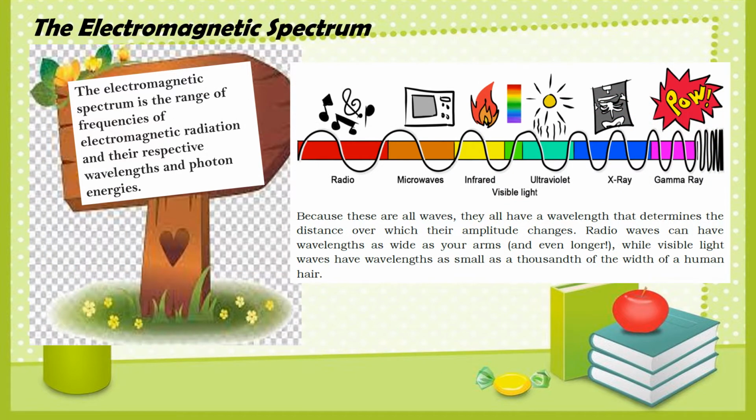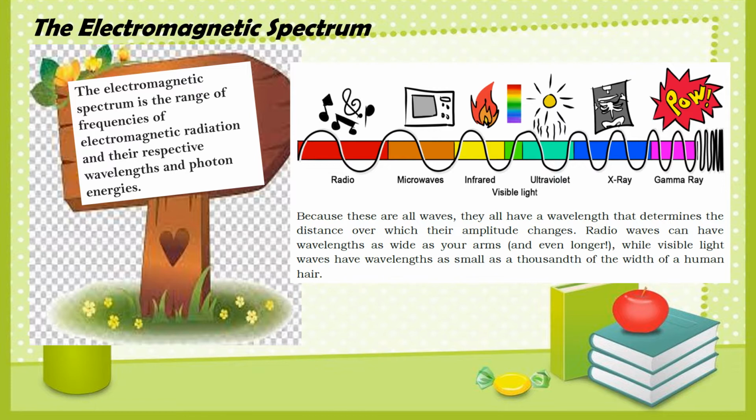So the electromagnetic spectrum is the range of frequencies of electromagnetic radiation and their respective wavelengths and photon energies. What I told you in the previous slides is that the higher the wavelength, the lesser the energy.